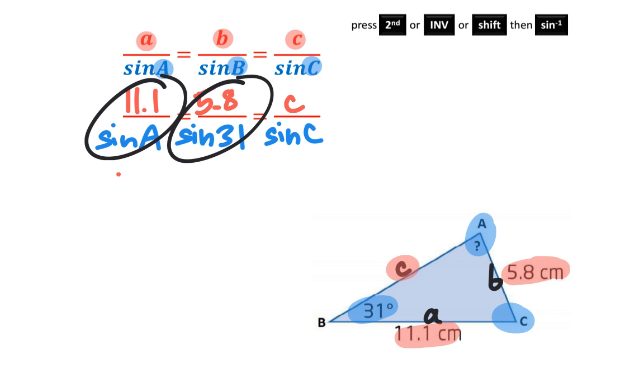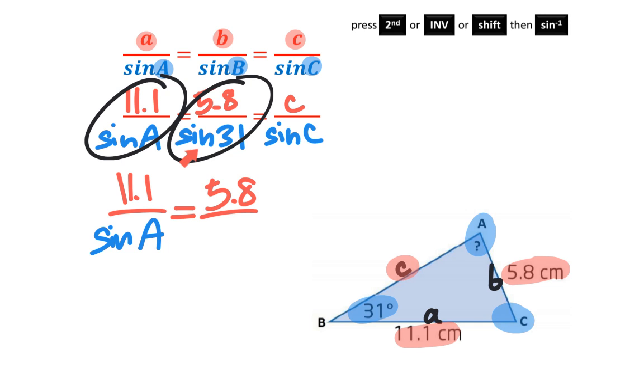I'm going to recopy 11.1 and sine A, since I don't know what A is. Afterwards, I'm going to rewrite 5.8. At this point, you want to put sine 31 into your calculator, and you should get approximately 0.52.